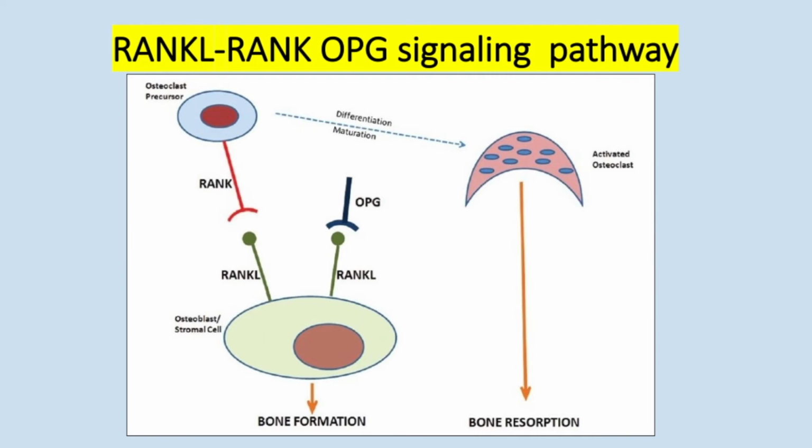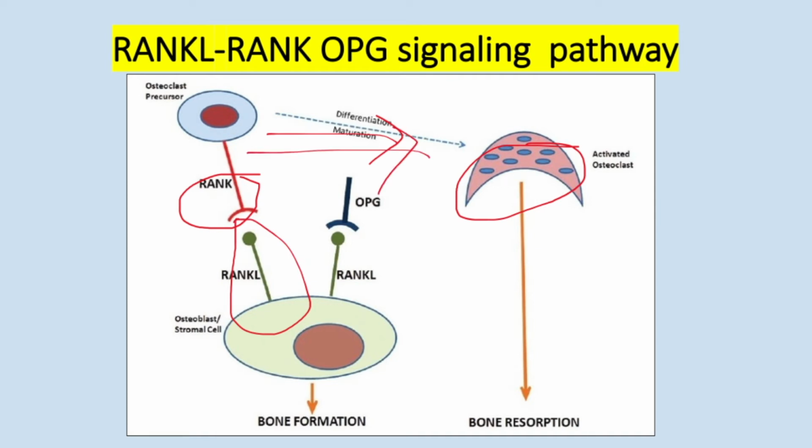So let's talk about the RANKL-RANK-OPG signaling pathway. To break down the bones, osteoclasts need to be activated. So how does the osteoclast get activated? When the RANK receptor on the osteoclast precursor binds with RANKL, then the osteoclast gets activated and bone resorption, or breakdown of the bones, takes place.